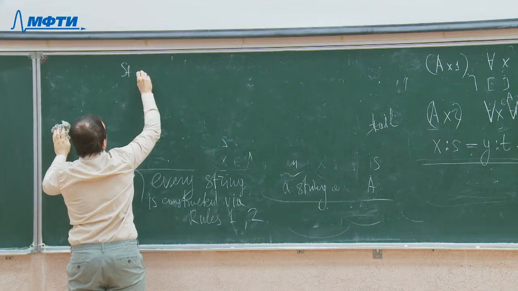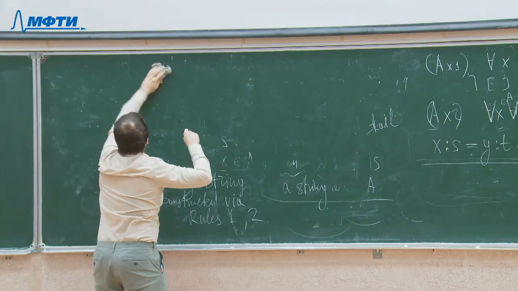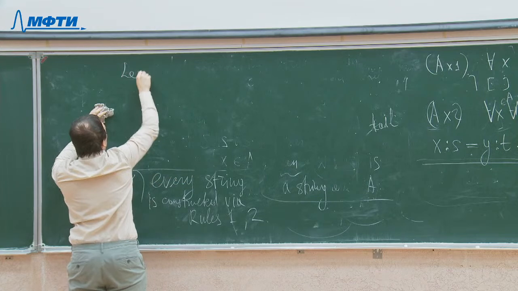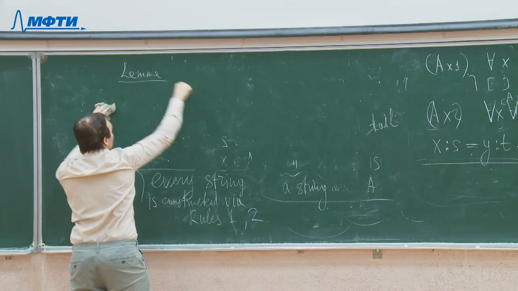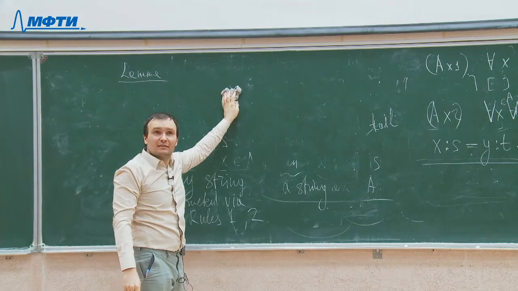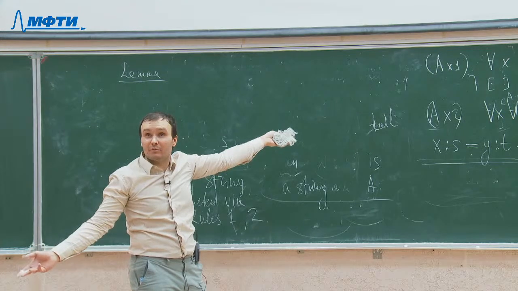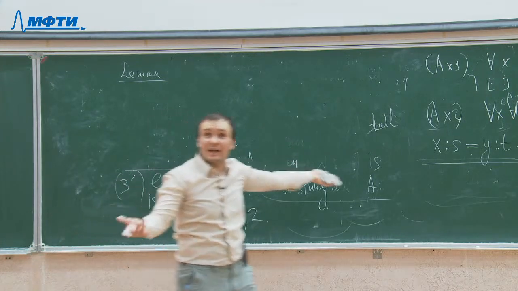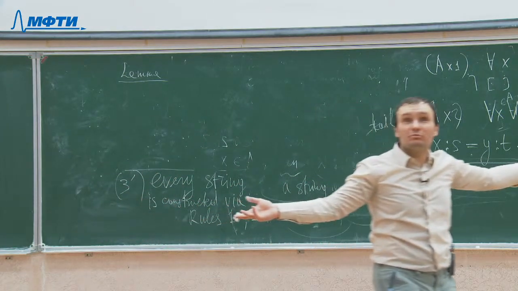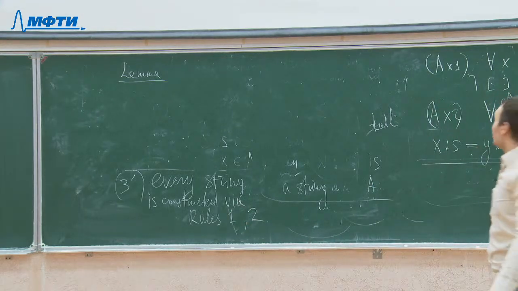A statement, or I don't know, a lemma. Have we discussed what lemma means? I remember we have. A lemma is a little theorem. A theorem is a statement you want to prove. Okay, a lemma.